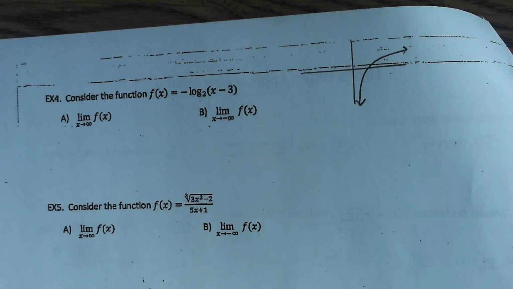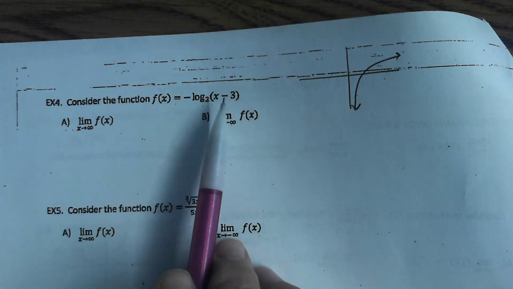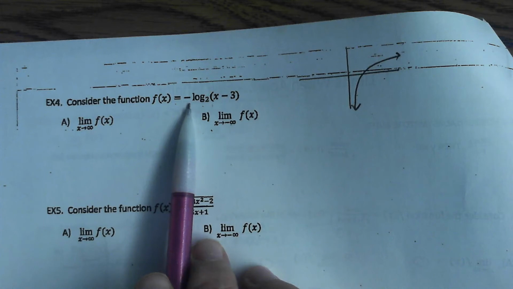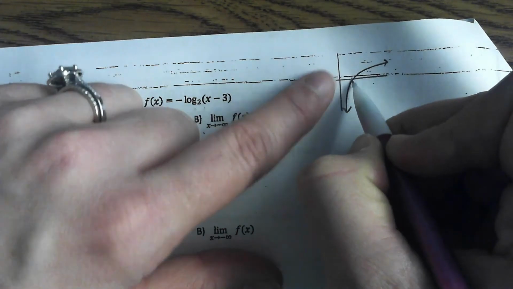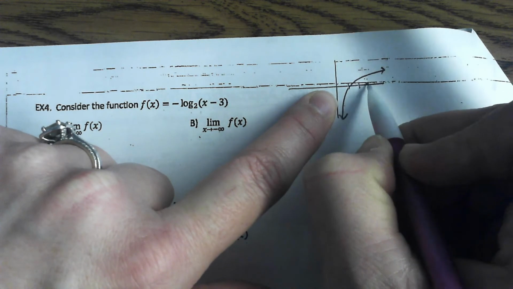That's the parent graph. What transformations occur to that parent graph here? Olivia? Okay, that comes second. What comes first? Right 3 units. There's your horizontal shift, right 3 units, and then a vertical reflection. So this intercept, which is at 1, is going to move over 3 units, 2, 3, 4.